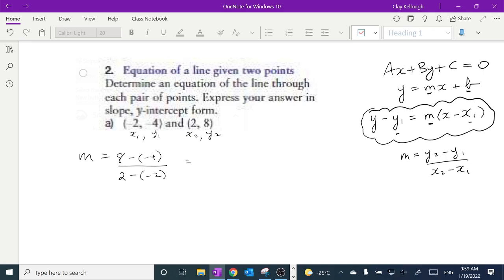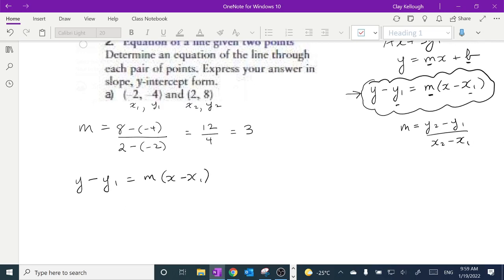So that slope is going to be 12 over 4, which is 3. Now, it doesn't matter which of the 2 points I pick next. I'll pick the first one, and I run it through that form of the equation. So it's y minus y1 equals m times x minus x1.